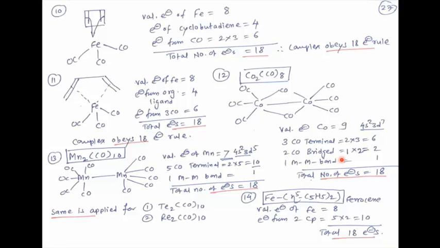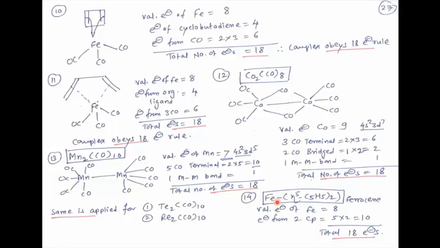Rule number 5. So they are 2 in number, therefore 1 into 2, therefore 2 electrons. 1 metal bond is present, cobalt, and hence 1 electron. So do the total, 9 plus 6 plus 2 plus 1, total number of electrons is 18. So this complex also obeys the 18 electron rule.